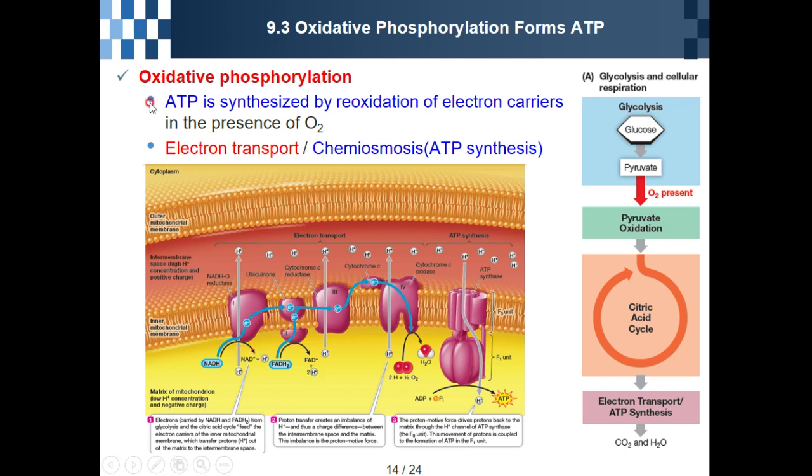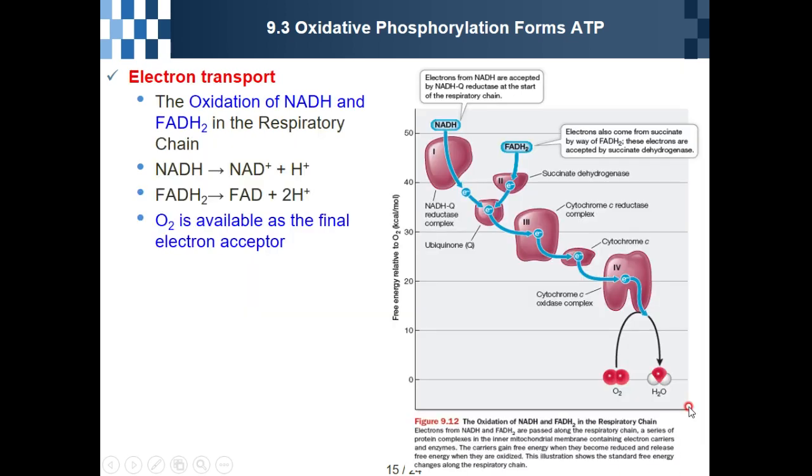So this is the electron transport system, and this is where we synthesize the ATP. This one, we call it as ATP synthesis, or another name is chemiosmosis. These 2 steps, totally we call it as oxidative phosphorylation. Okay, so let me see some details.